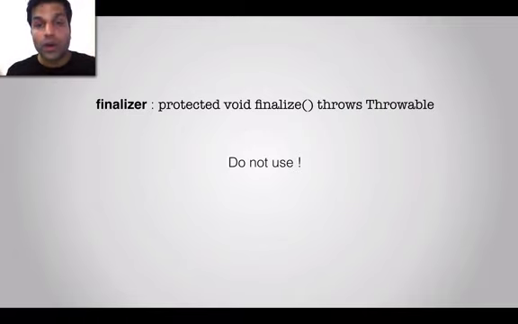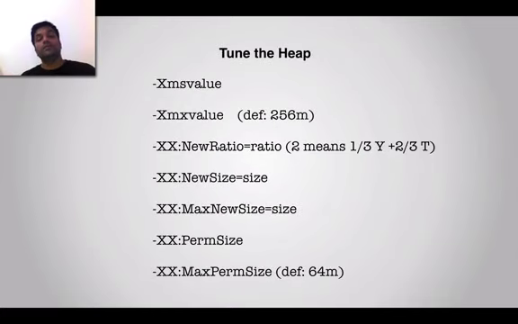So given that, let's go ahead and see some flags that are out there to tune the garbage collection parameters in Java. This is to tune the heap basically, where you would say -Xms value. Xms is to set the minimum amount of heap that needs to be allocated to your program, and Xmx is the max amount of heap that is allocated to your program, default to 256 MB.